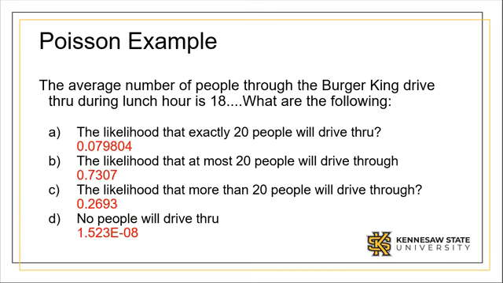More than 20 can be found by using the complement rule. We know that probability of more than 20 is equal to 1 minus probability of at most 20, which gives us 0.2693. The probability of no customers is x equals 0, which gives an extremely small sample probability of 1.523 times 10 to the negative 8.